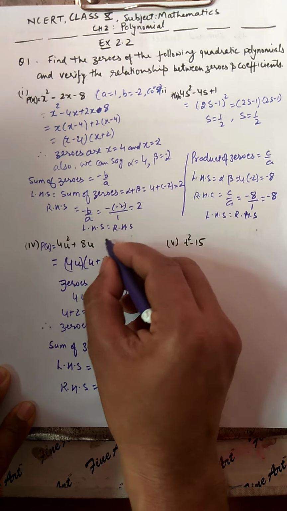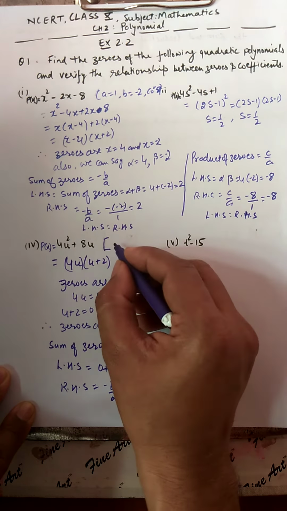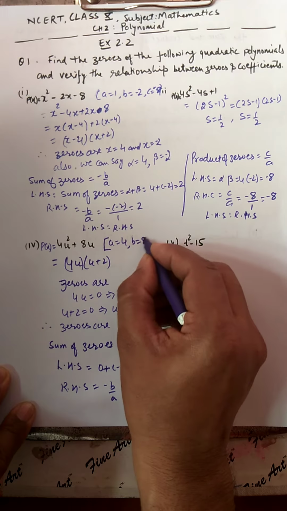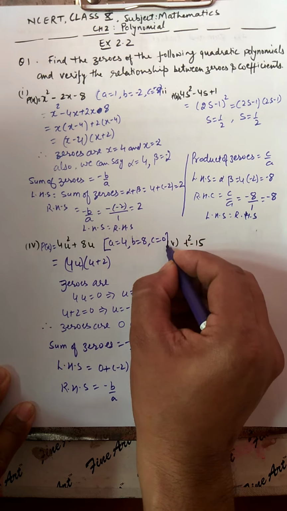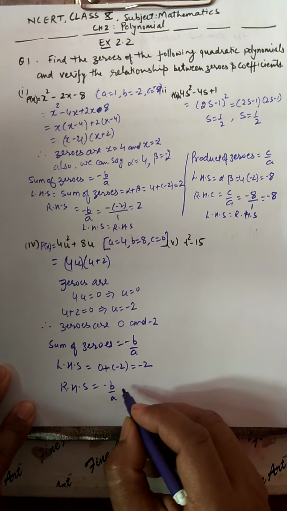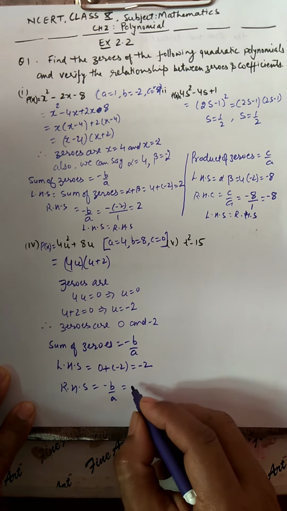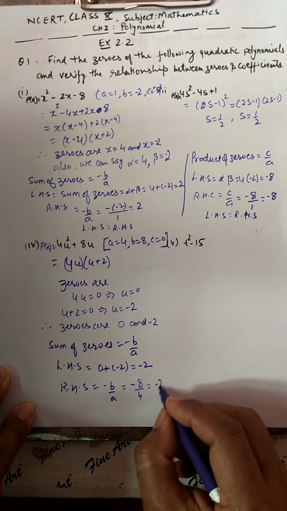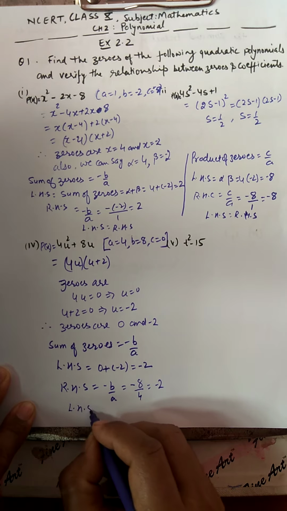In this question, a value is 4, b is 8 and c is 0. So this is minus 8 upon 4, so the answer is minus 2. So you can see LHS is equal to RHS.